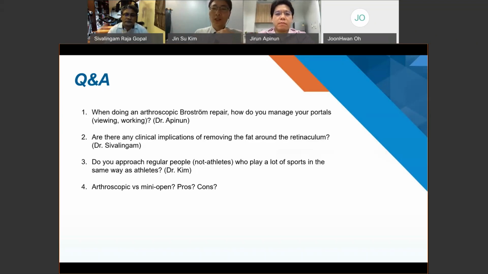They can walk even after 4 days, and then we use some functional tests. Maybe he can walk, maybe he can do a small jump, single heel raise, and then I try conservative treatment first, with some injection or other things. But if he has mechanical or unstable instability, I try the operation.